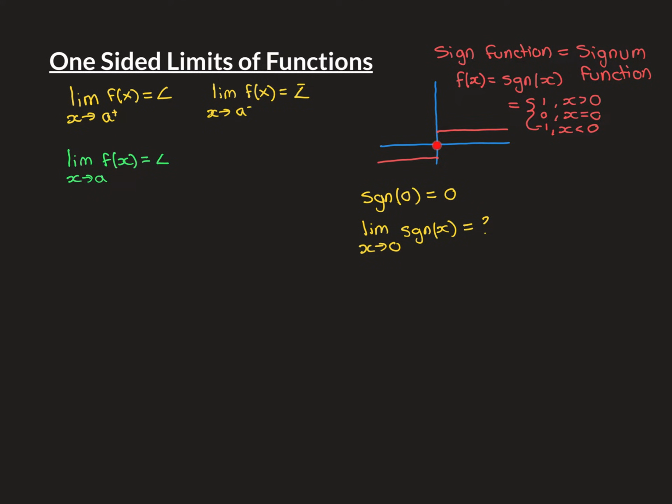So could the limit of this function be 0? Well, the answer is no, because remember what it means for the limit to be 0. It means that it gets and stays indefinitely close to 0 as you get closer and closer to 0 in the domain. Now, as you get closer and closer to 0 in the domain from both sides, you are not getting indefinitely close to 0.